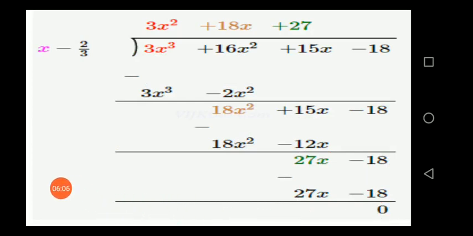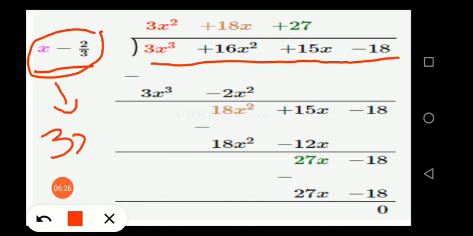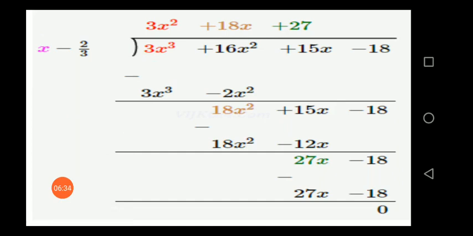You go through it. Division by x minus 2 by 3 of 3x cube plus 16x square plus 15x minus 18. So either you can divide it like this, or you change it as 3x minus 2 by 3 by taking the LCM.